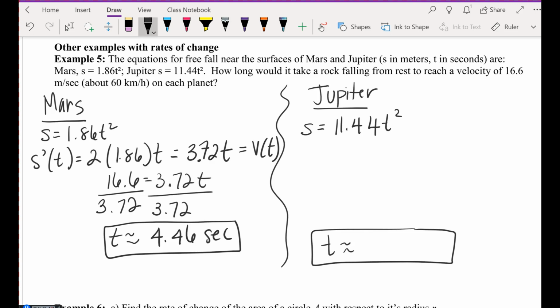You ready to go? Yep. Okay. So on Jupiter, about what time, Aiden? 1.73 seconds. 1.73 seconds. Someone confirm that for me? Yeah. Perfect.